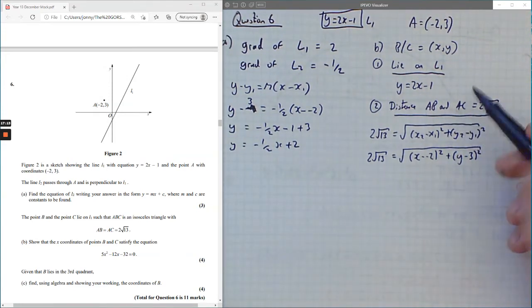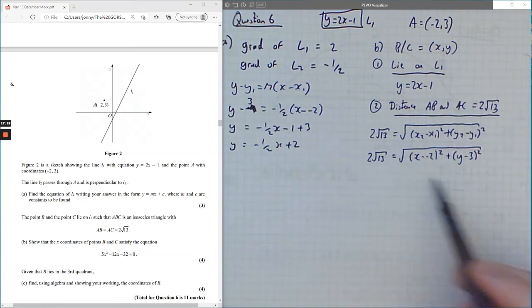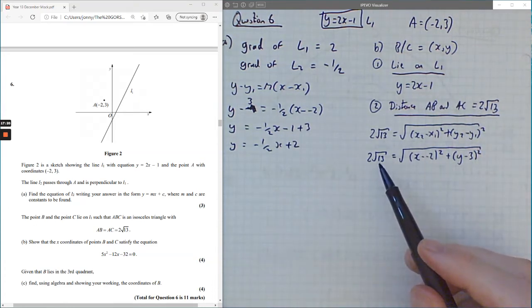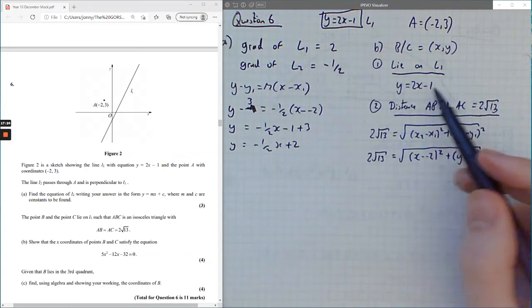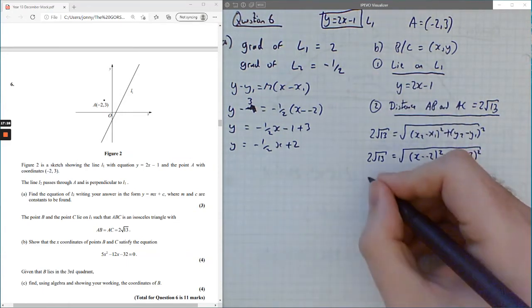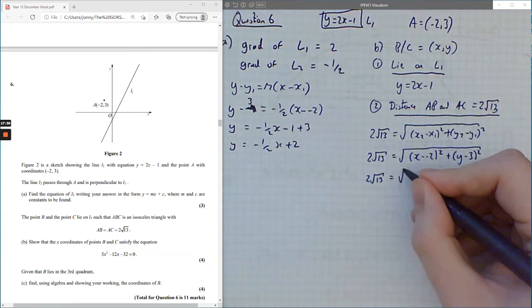So you've now got two equations. You've got this one, y equals 2x minus 1, and this equation that they both satisfy. So you can substitute 2x minus 1 in for y in this equation, because we know that's the relationship between x and y.